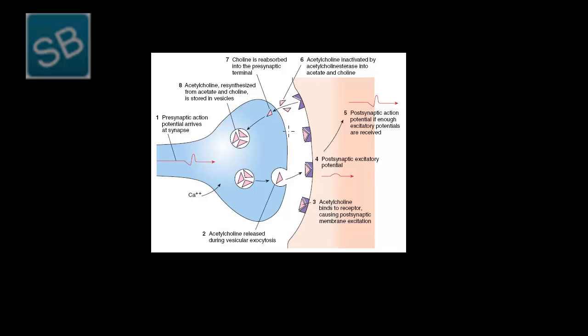Now, as it can be seen from the figure, acetylcholine is responsible for the transmission of nerve impulse through synapse. The steps of which follow in this manner.